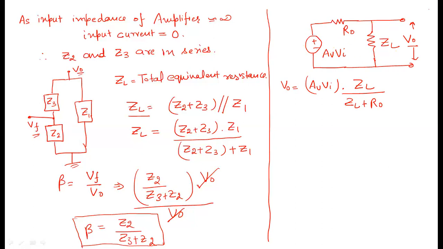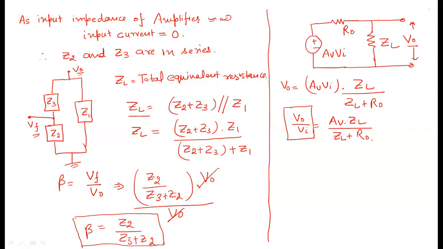Since this is a potential divider arrangement, we can say that V naught upon VI is equal to AV into ZL upon ZL plus R naught, and this is the gain of the amplifier.